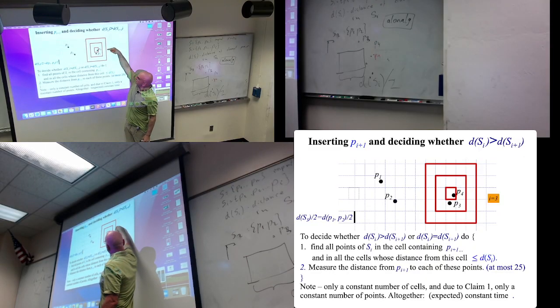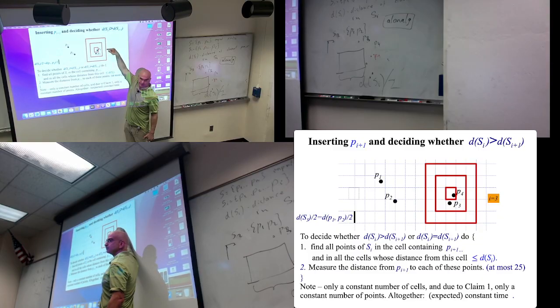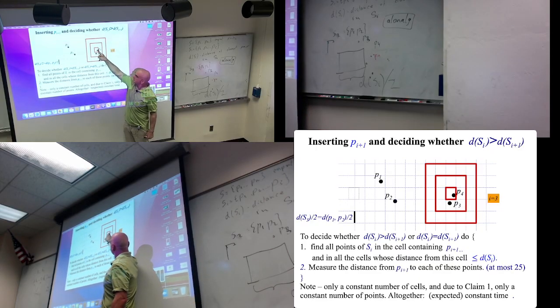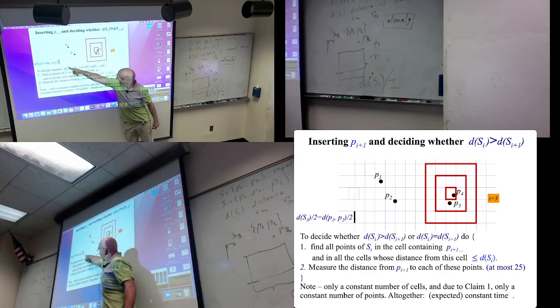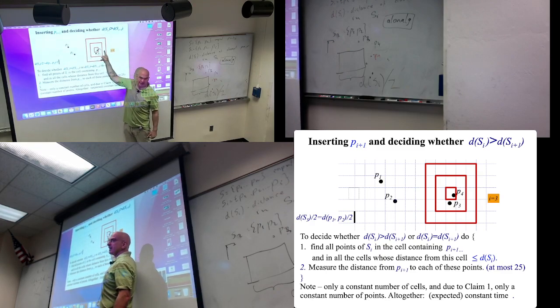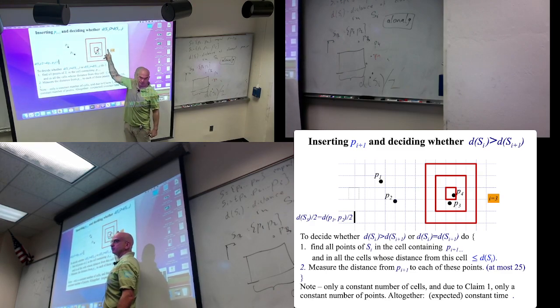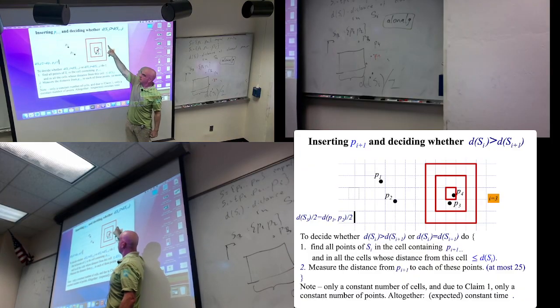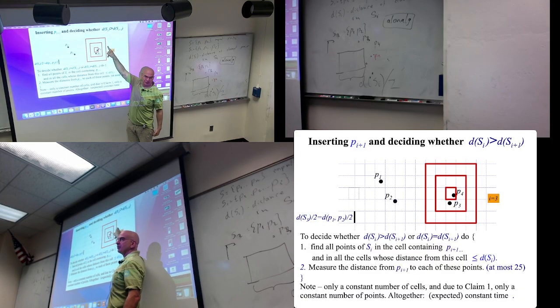But what about a P3 that is outside this distance? If I have a point right here, I definitely don't need to check it, because the distance from my finger to P4 is at least d(S_i) over 2 plus d(S_i) over 2, maybe more because of the diagonal. Definitely a point right here, with my finger, will not be a new closest pair.